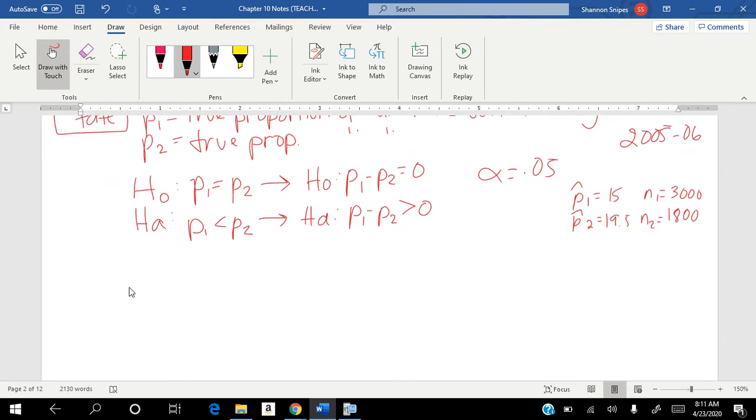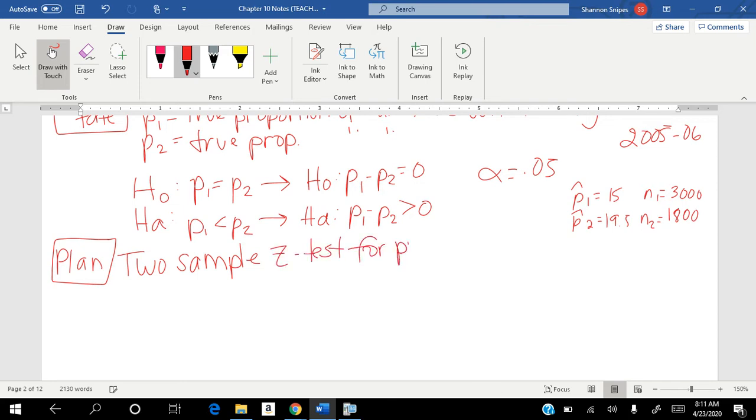All right, let's do our plan step, which says we are to check our conditions and name our test. So we are doing a 2-sample. Here's the name of the test of significance. A 2-sample z-test for proportions.